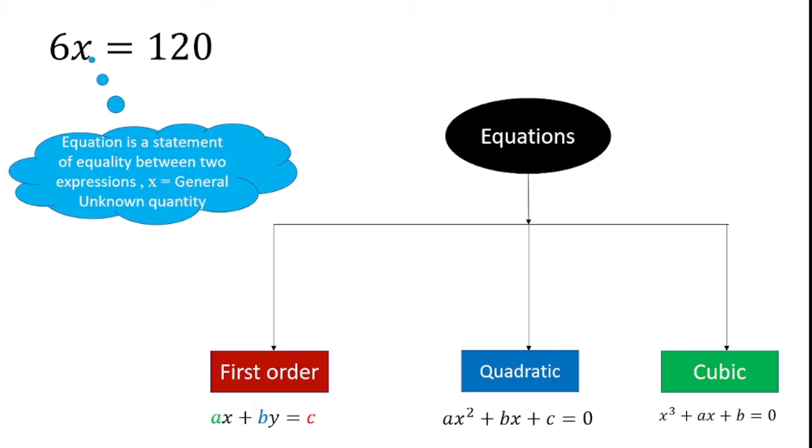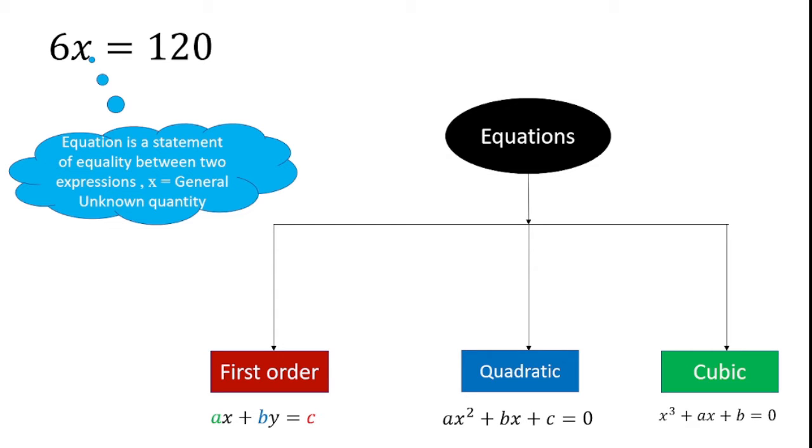Equations can be classified into different types. The predominant types are the first order equation, the second order equation, also called the quadratic equation, and the third order equation, called the cubic equation. These are the equations we utilized from elementary school itself. The first order equation looks like ax plus by is equal to c.